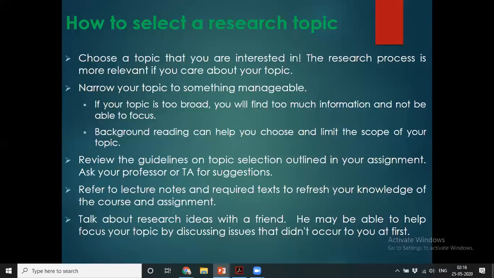He can help you find the topic. See, the final topic you will have to find out by yourself only. But for the broad topic, you can take suggestions from your supervisor, your friends, and your seniors, which will help you find your final work, your final topic.